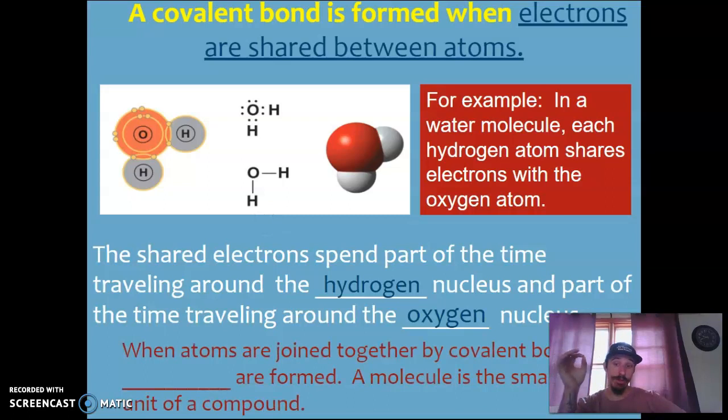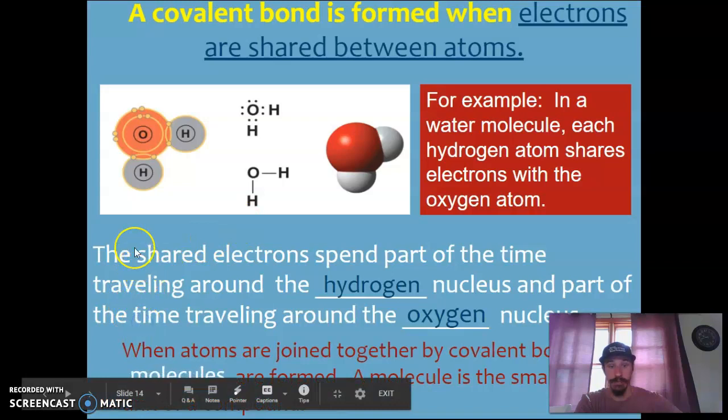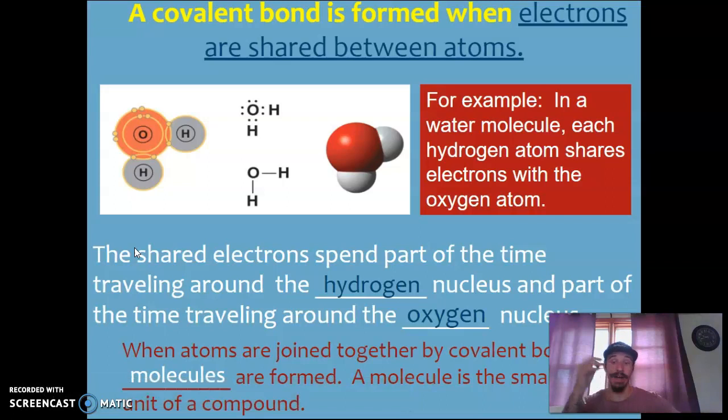Now, when atoms are joined together by these covalent bonds, this sharing and sometimes unequal sharing of electrons, molecules are formed. Molecules are formed by the sharing, or unequal but still sharing, of electrons.